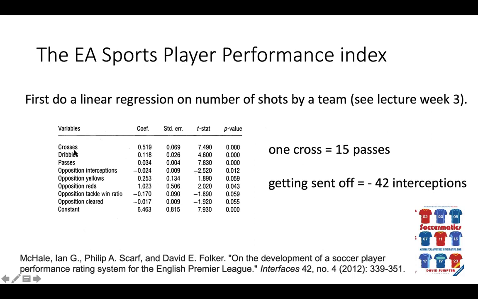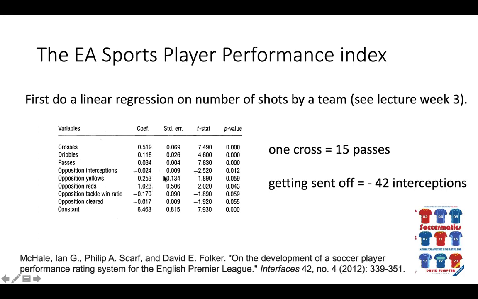So if you have a number of crosses, you're more likely to have shots. So this is the correlation coefficient between crosses and shots, dribbles and shots, passes and shots. Also, for example, if the opposition have a red card, then you can also have a relationship with shots. And you see that opposition having a red card really increases the rate at which shots occur for your team.